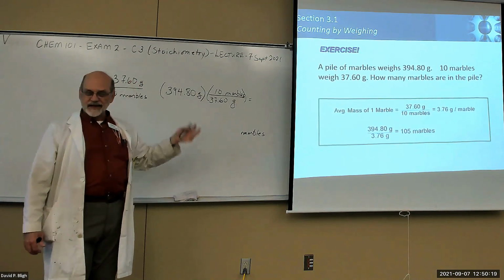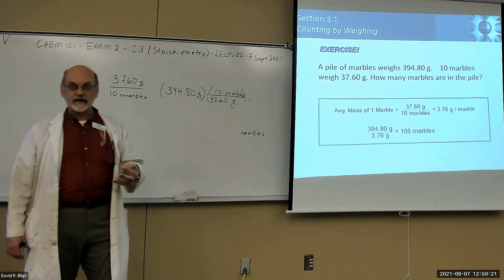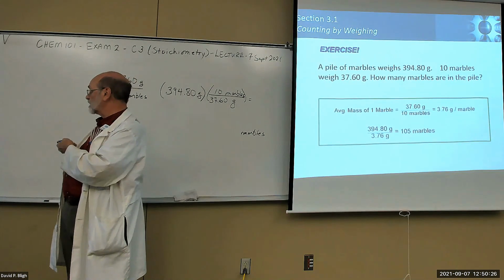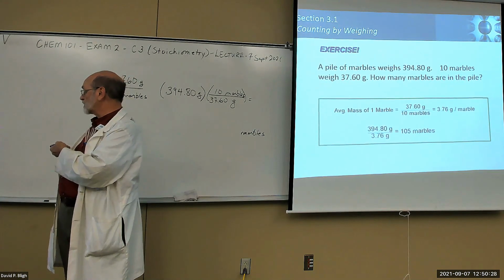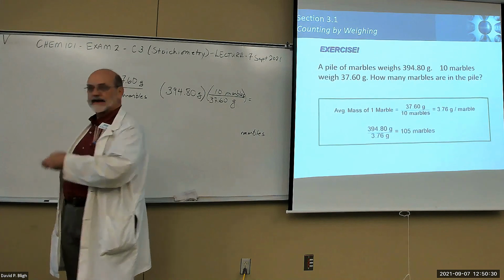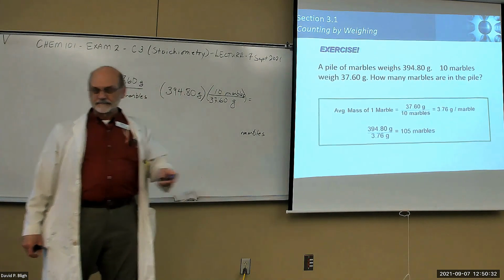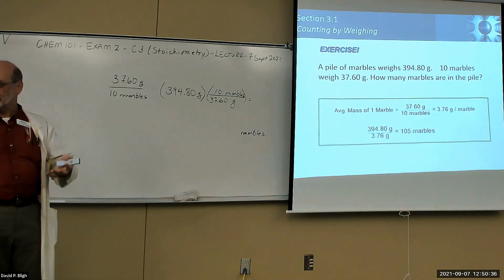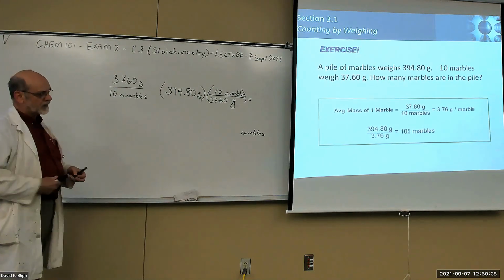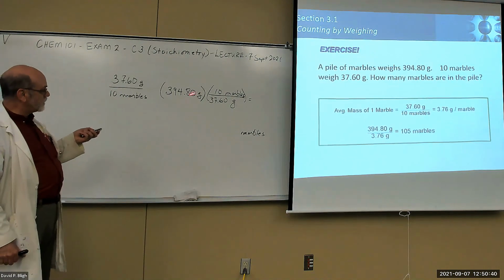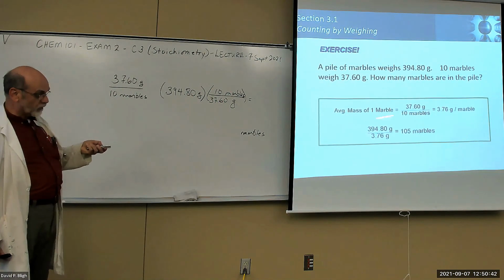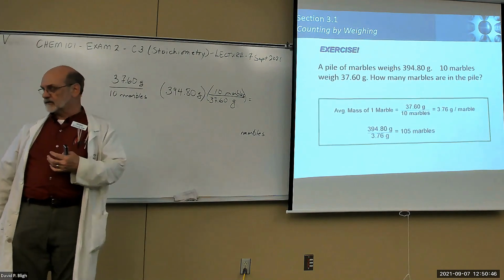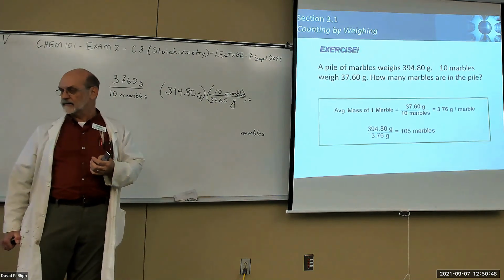But the intermediate calculation has already been done for us. And it's right up here on your periodic table. Underneath every one of these is the average mass of the atom for that element. It's called the atomic mass. We're going to use that eventually. But in this case, if we solve this problem either this way or that way, you can estimate that you have 105 marbles in that pile.